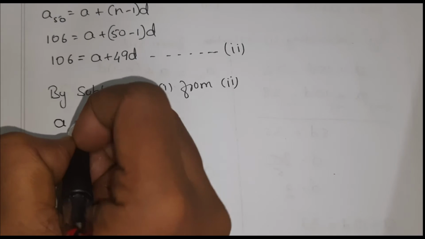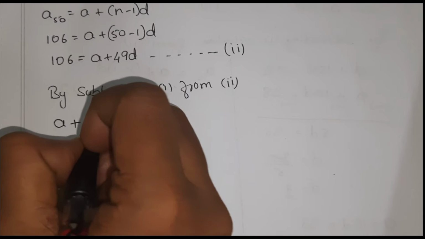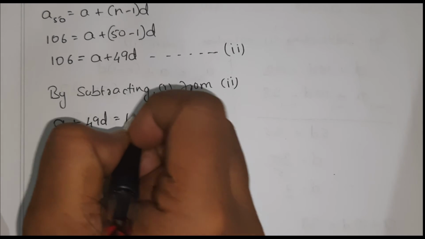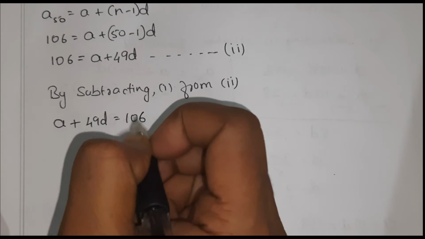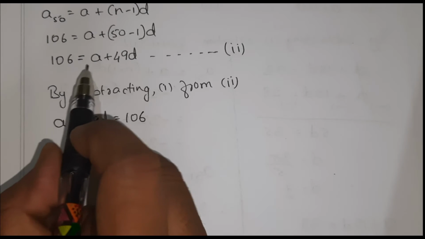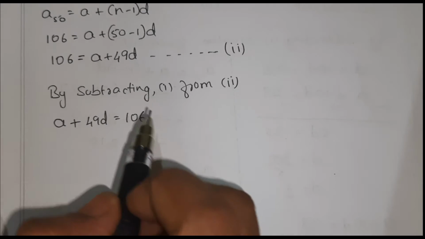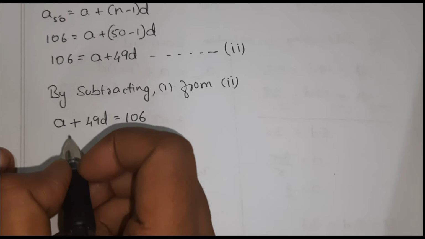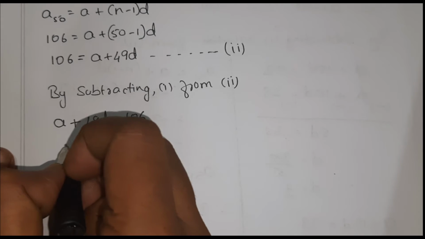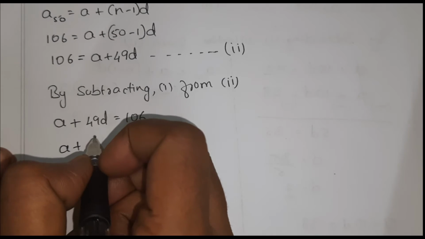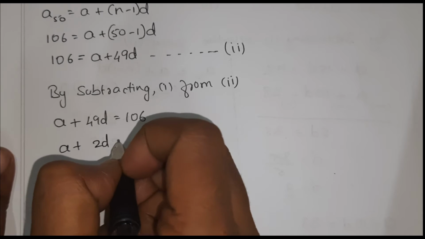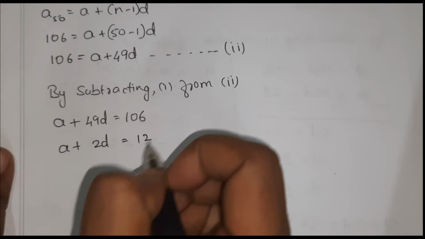Our second equation is A plus 49D equals 106. We have rearranged the second equation, that is LHS to RHS and RHS to LHS. And the first equation is A plus 2D equals 12.